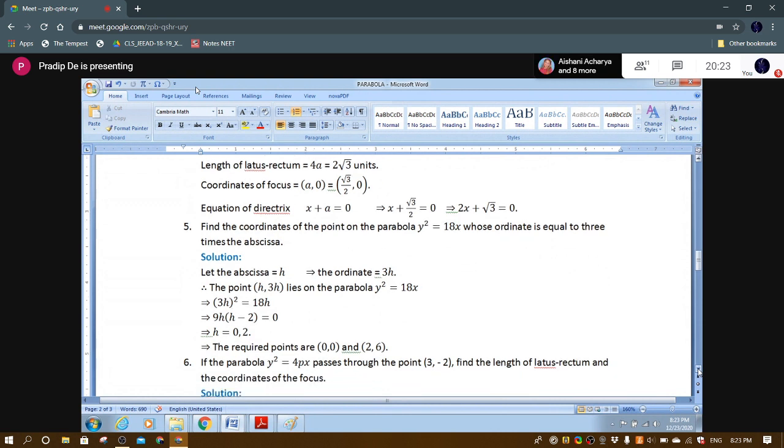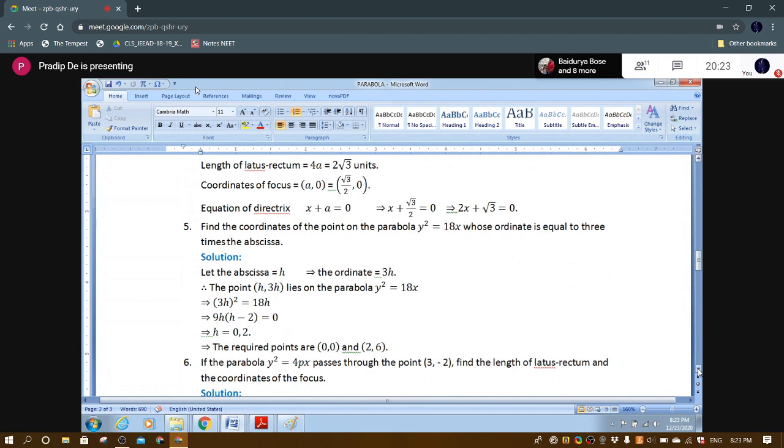If the parabola y squared equal to 4px passes through the point 3, minus 2, then find the length of the LR and the coordinates of the focus. This parabola passes through the point 3, minus 2. Substitute. Put x equal to 3 and y equal to minus 2. Fine.